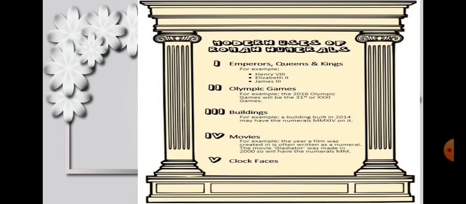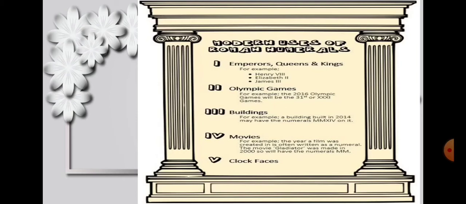Modern uses of Roman numerals: we see these numbers in emperors', queens' and kings' names. For example, Henry VIII, Elizabeth II, James III. We use it in the Olympic Games. For example, the 2016 Olympic Games will be the 31st, or XXXI Games. Buildings.